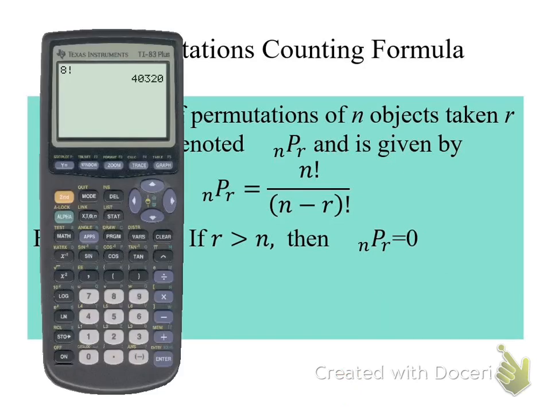I'm going to hit math, and then scroll over to the PRB. I have nPr as my second option. I hit enter on it. You have to type in your first number first, so I had 4 nPr 3. And that goes through and does the formula for me without me having to do it.